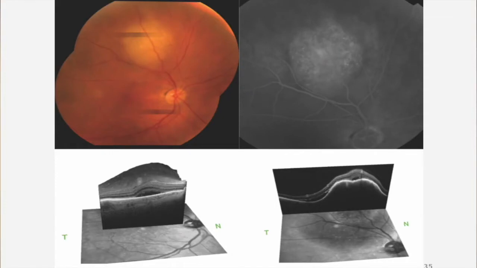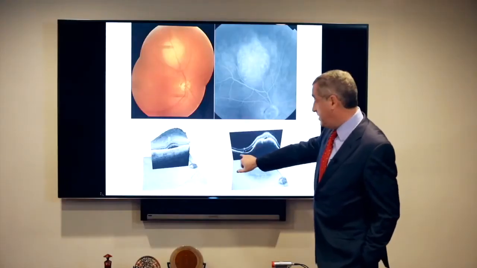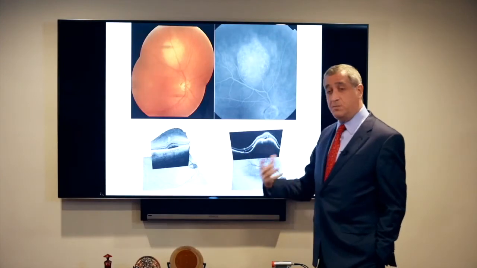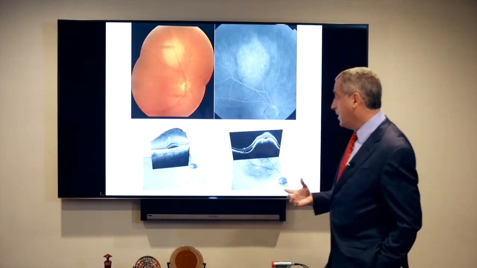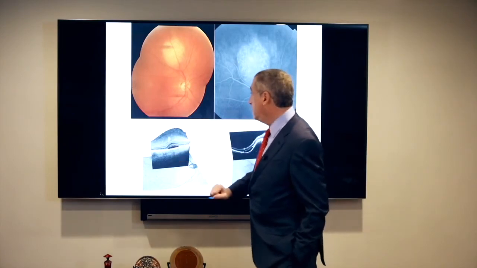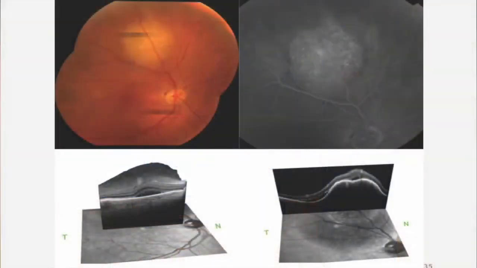Here's another metastasis. Here we have again the wavy surface and subretinal fluid. Again, the photoreceptors are dysmorphic because the tumor is most likely giving off toxic substances or consuming them, and there is subretinal fluid and the microaneurysms that we discussed.